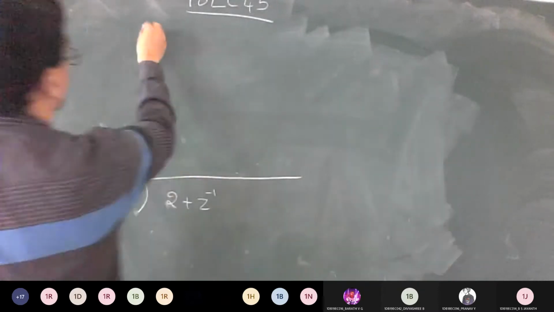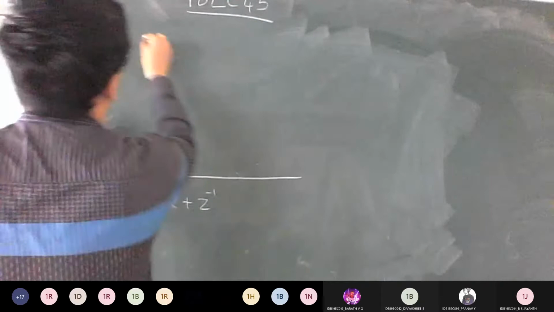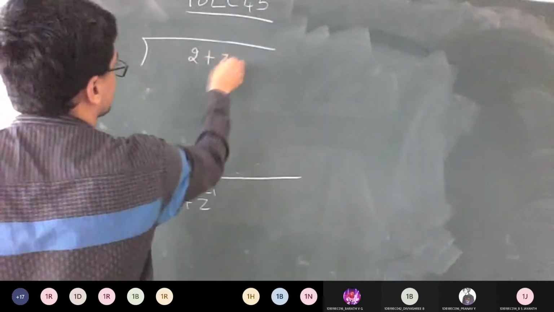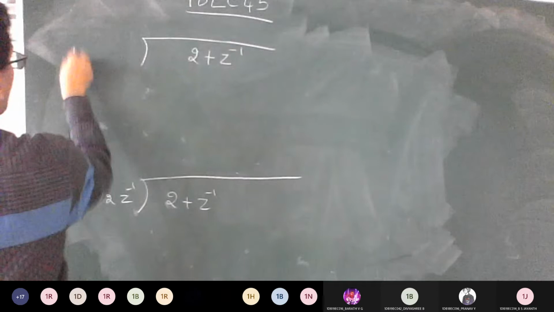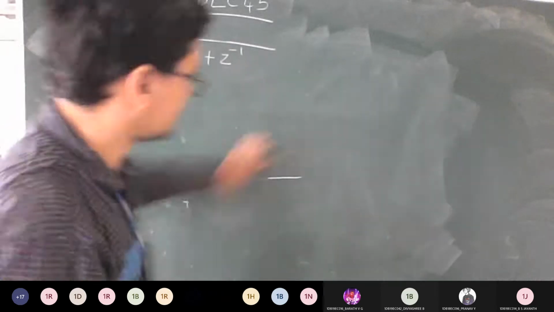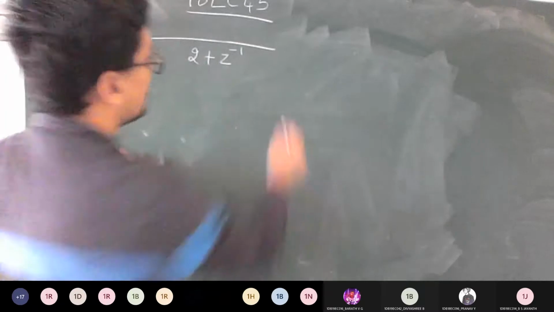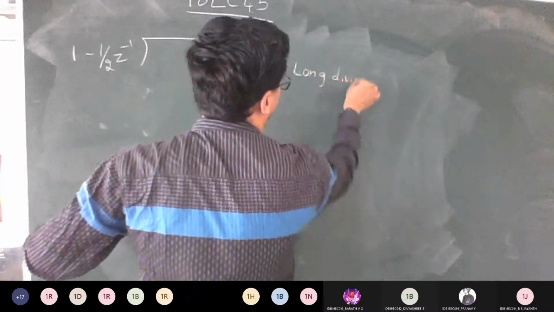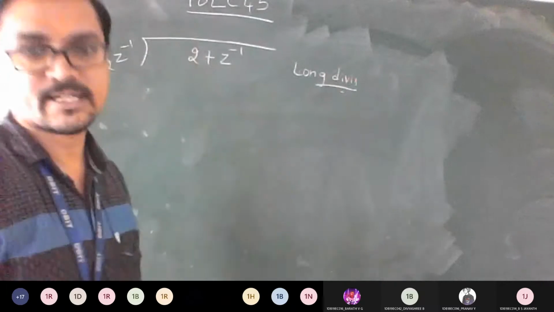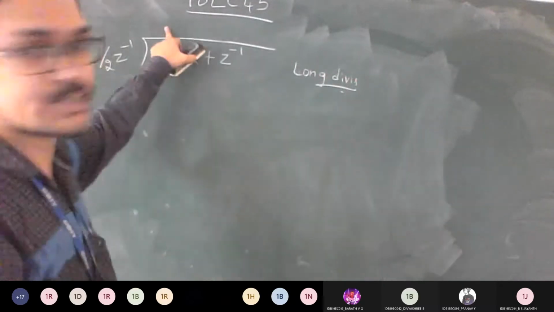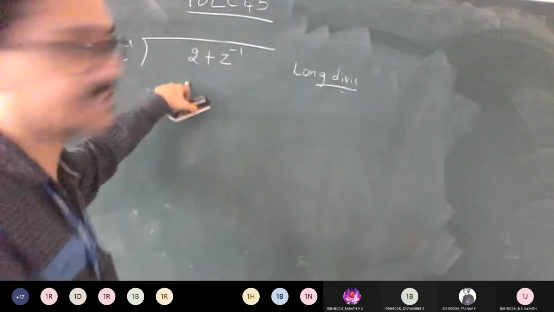So 2 plus z raised to minus 1, and 1 minus 1 by 2 z raised to minus 1. So this is the technique I used to apply, by what? The long division method or power series expansion method. Okay, now tell me what value I should give here such that I can cancel this.